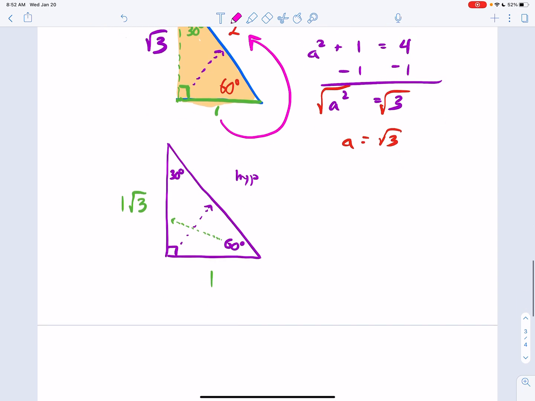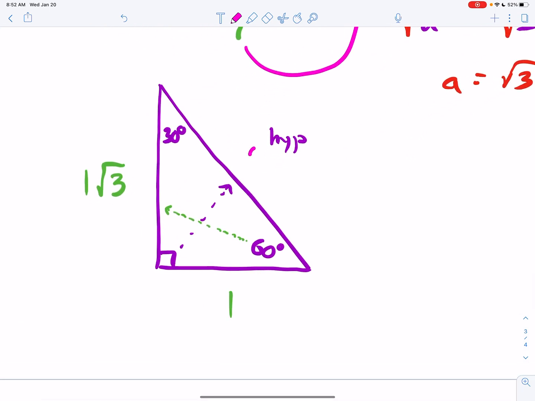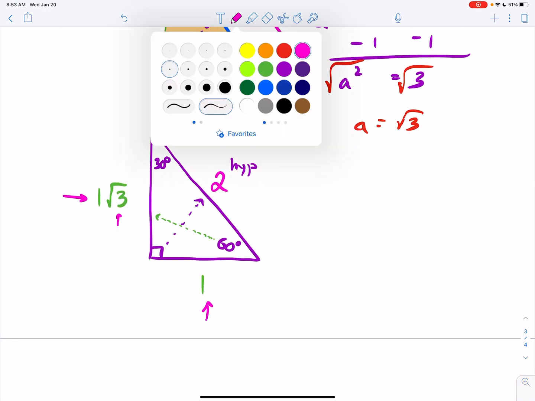So if this is 1 down here, the hypotenuse has to be 2. Okay? So once again, short leg and long leg are the same, so 1 and 1, except the long leg, opposite of 60, has an extra radical 3. Okay? And it looks weird at first if this is your first time seeing it, but let's do a couple here.